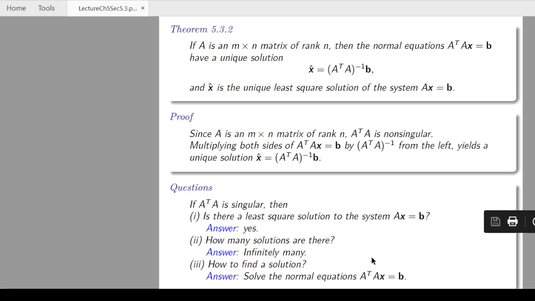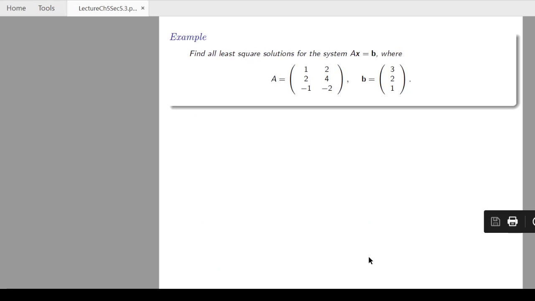Here, let's take a look at an example. In this example, we have matrix A. It has 3 rows and 2 columns, so this is a 3 by 2 matrix.